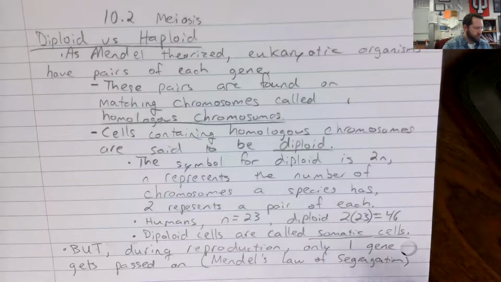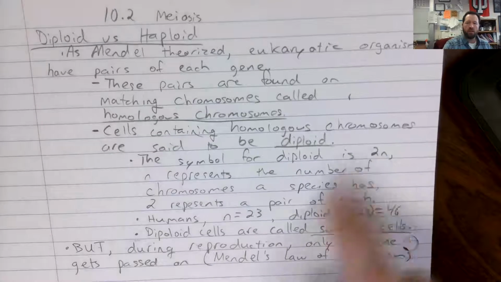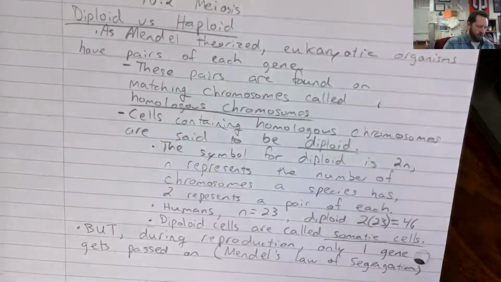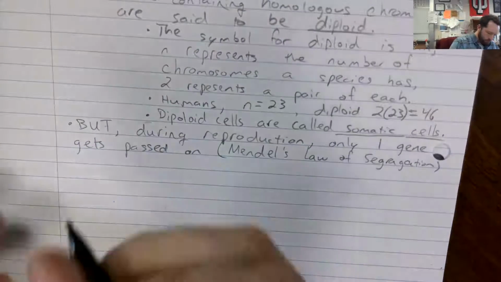And that's Mendel's law of segregation. You might have a pair of each gene, but you're only going to pass one gene on. And that's kind of bringing us to what we're going to look at today.